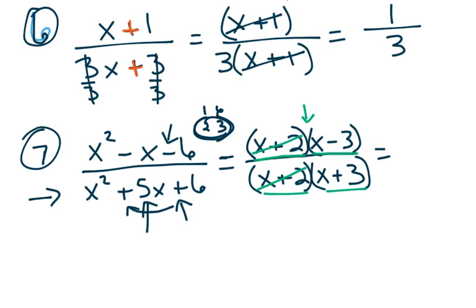Now the x minus 3 on top, we don't have an x minus 3 on bottom, so we cannot cancel these two out. So I am left with x minus 3 over x plus 3. You can keep the parentheses around them, or you can drop them at this point. All right, let's do one more.